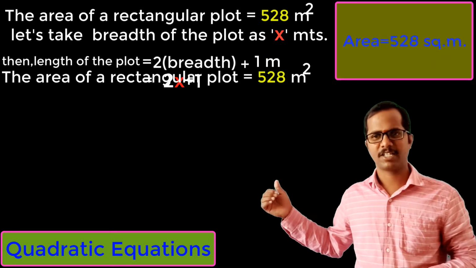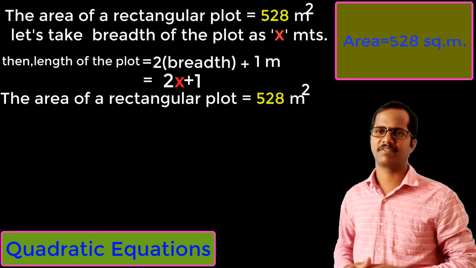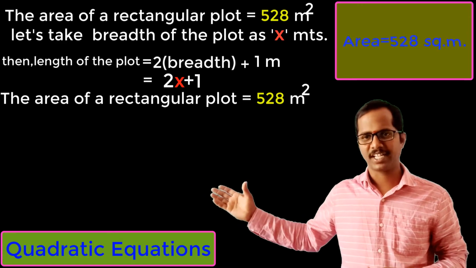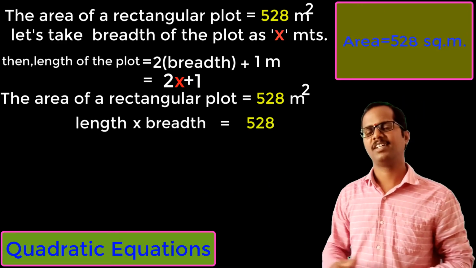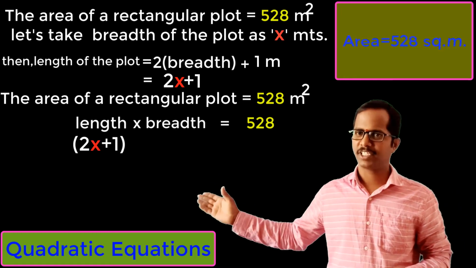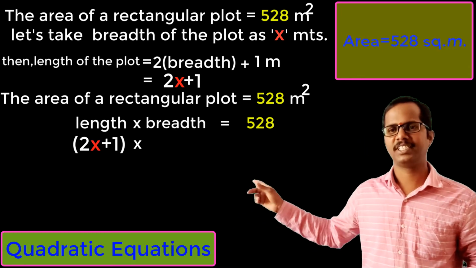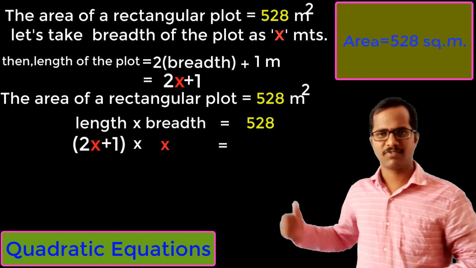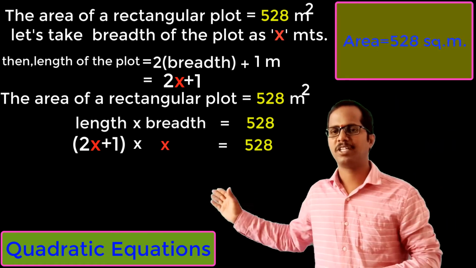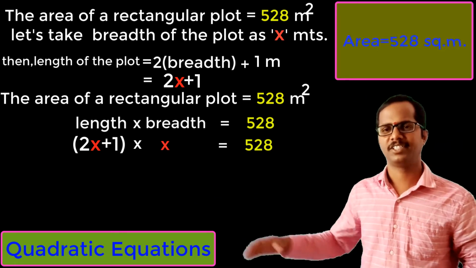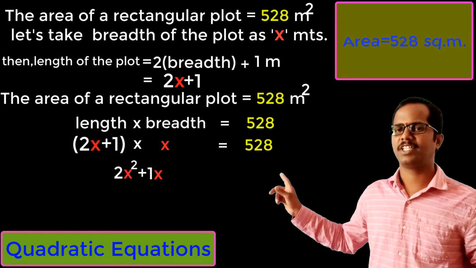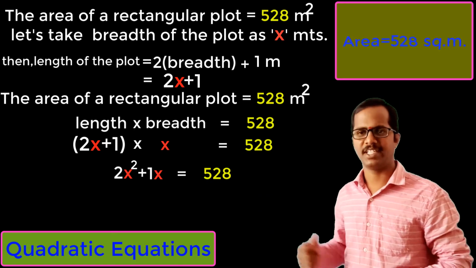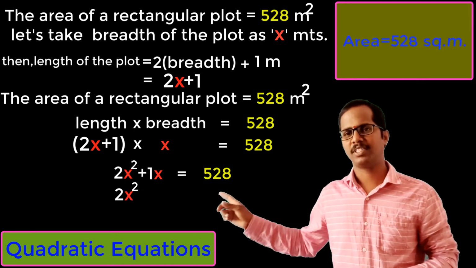The area of the rectangular plot is length into width, which equals 528 meters square, and length is here 2x plus 1, into width, which is x, equals 528. Now by multiplying on the left hand side, 2x plus 1 into x, we get 2x into x, 2x square, plus 1 into x, x, equals 528.